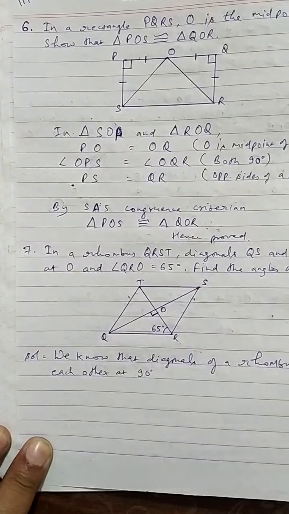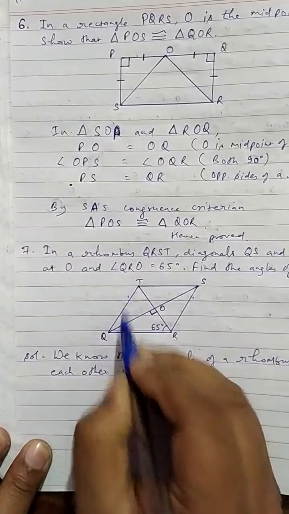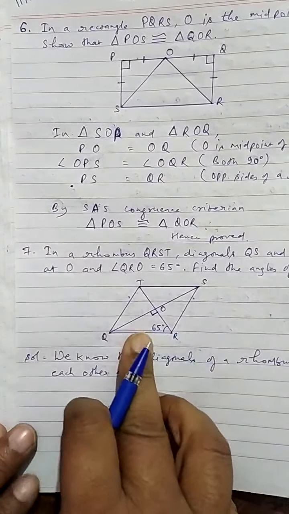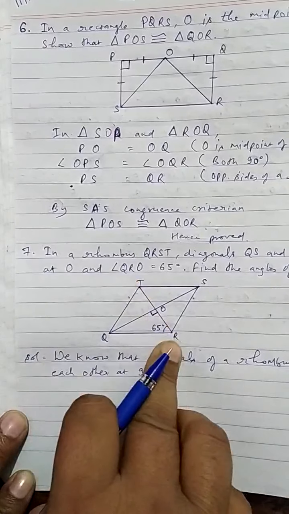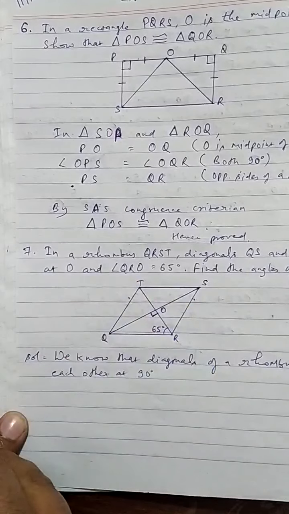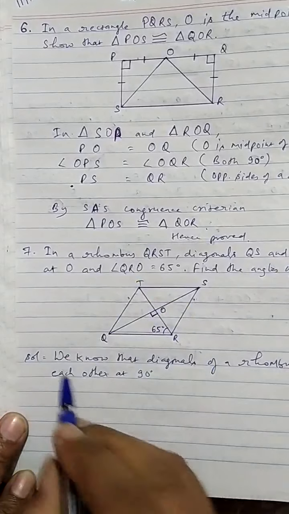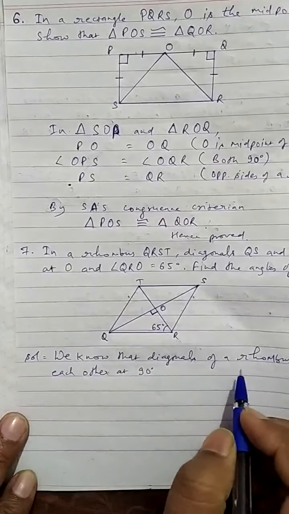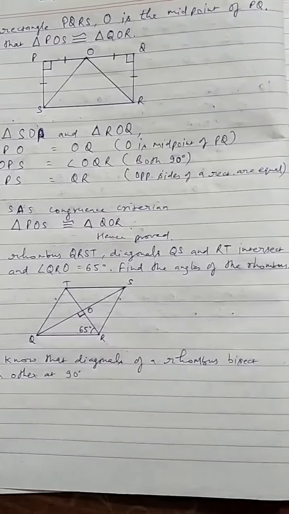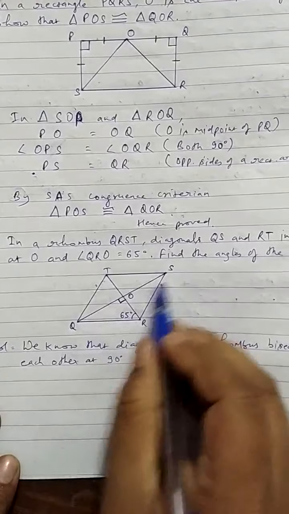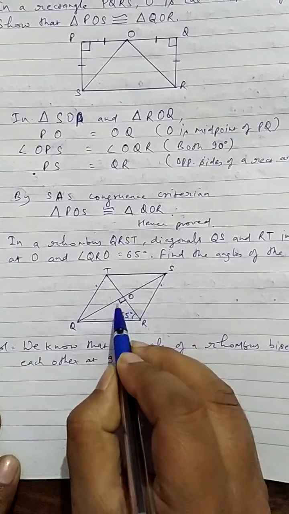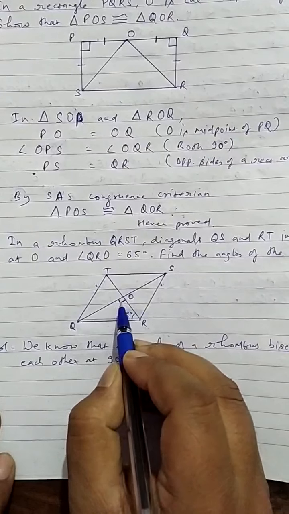So we can see that QRST is a rhombus. A rhombus has opposite angles equal, and all its sides are also equal. We know that the diagonals of a rhombus bisect each other at 90 degrees. So the point of intersection, that is O, will be a 90 degree angle.